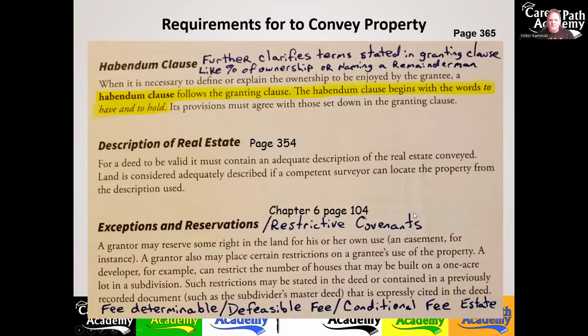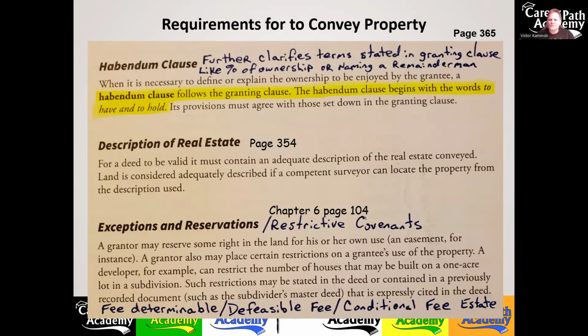Habendum clause. Let's write this in there if you can. Further clarifies terms stated in the granting clause, like percentage of ownership or naming a remainder man. The habendum clause follows the granting clause. The habendum clause begins with the words to have and to hold, and often that itself is a question on exams where they don't even care if you know what the habendum clause does.